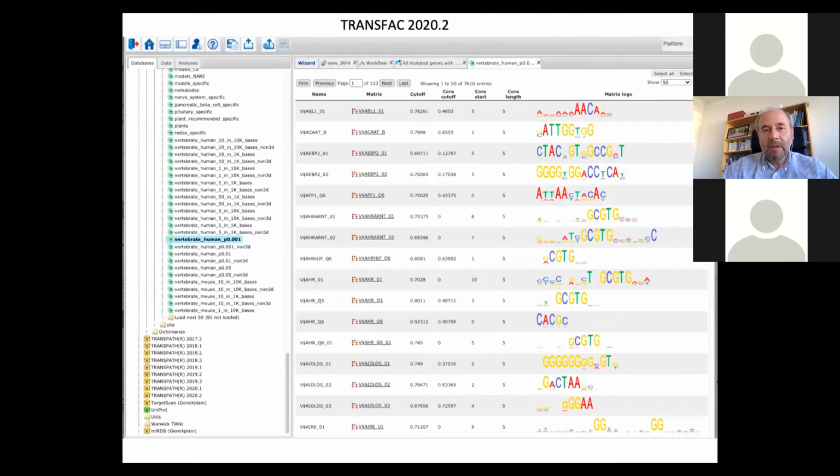And currently, we have 7,600 different positional weight matrices for vertebrate factors.